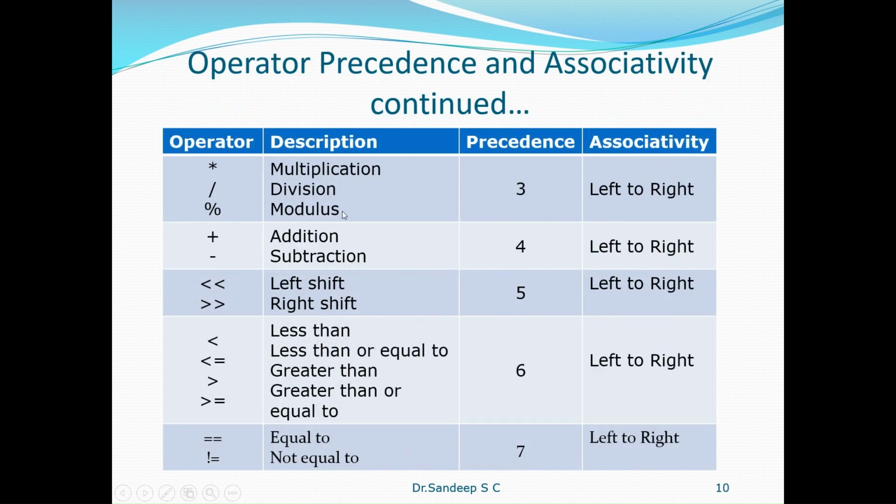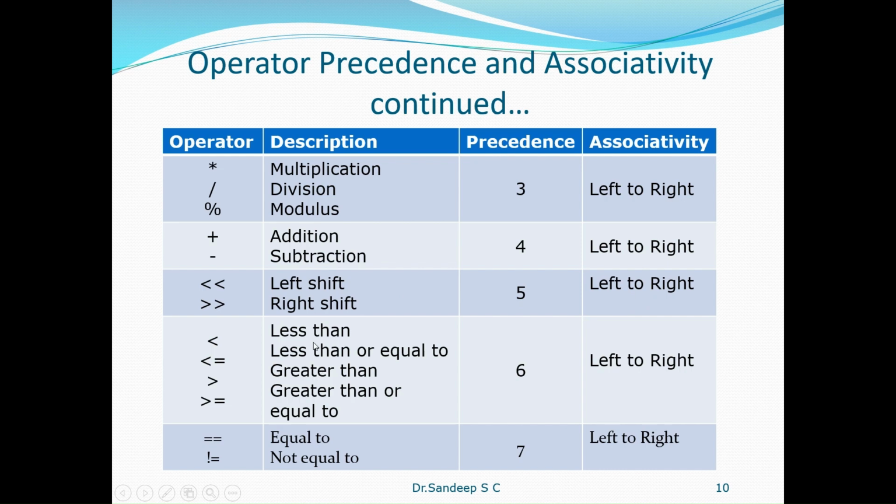Then we have other arithmetic operators like multiplication, division, modulus, addition, and subtraction. These are all binary operators with a precedence of 3 and 4, evaluated from left to right. Then we have shift operators, right shift and left shift, with precedence 5 and left to right associativity.